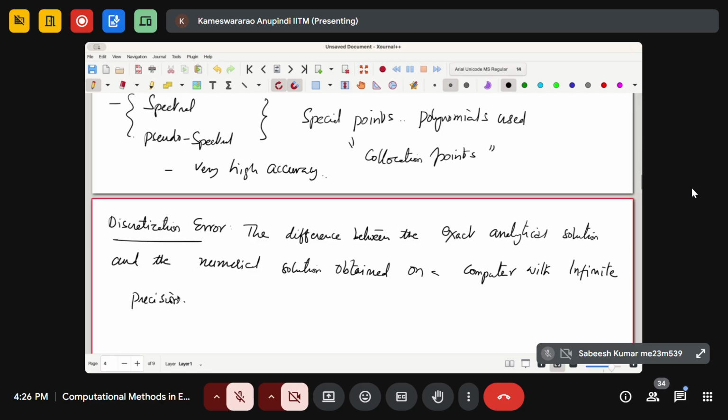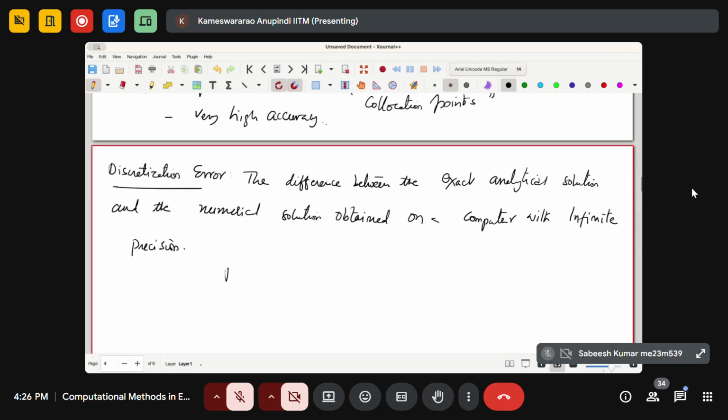That means discretization error is going to be, we have phi, that is the exact analytical solution, and then we have capital phi.